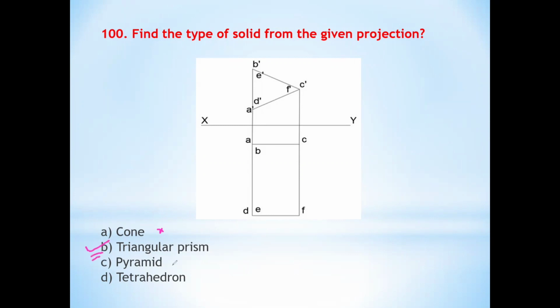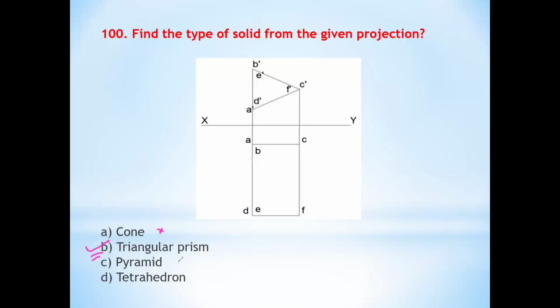Pyramid. We'll check, because in case of the pyramid also we can get a triangle, but it's in another view. Suppose it's a triangular pyramid, then its top view is triangular and the front view should also be triangular.